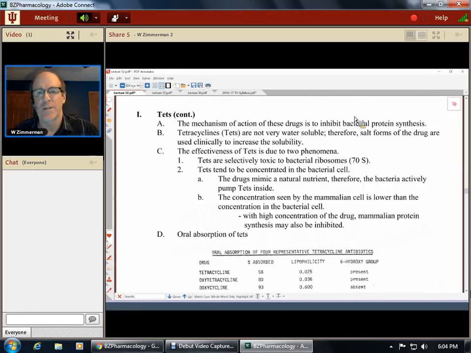So, these drugs inhibit protein synthesis like everything else does in the rest of the handout. The TETs are not very water soluble. We get salt forms of them, but we do that with most antibiotics.